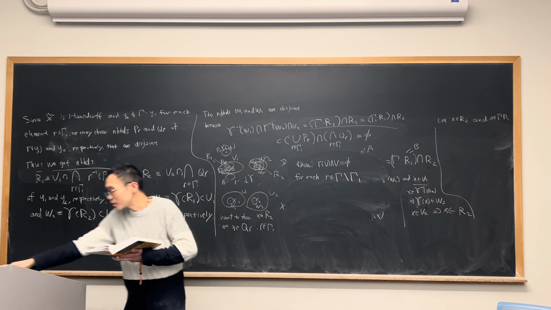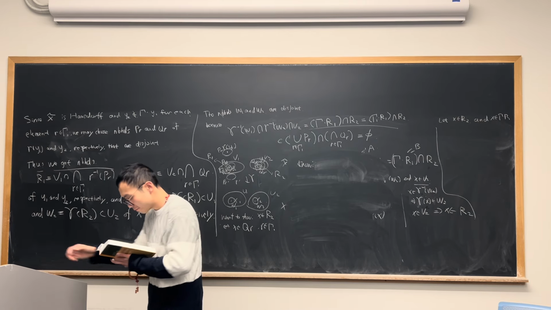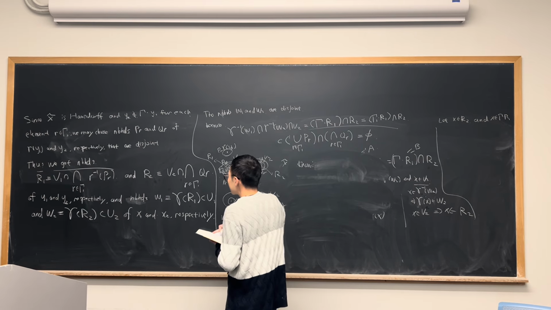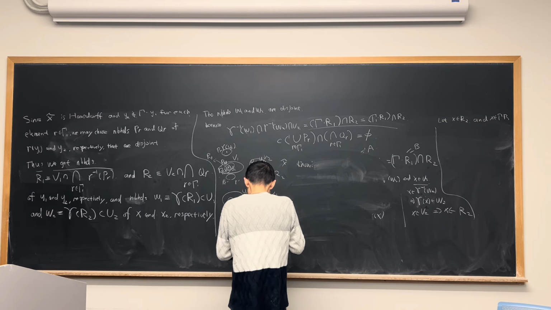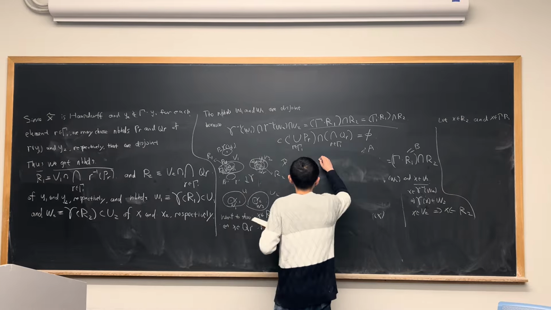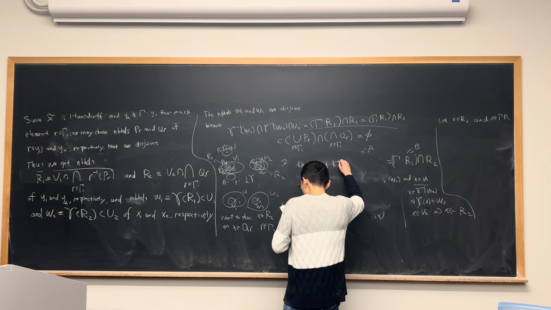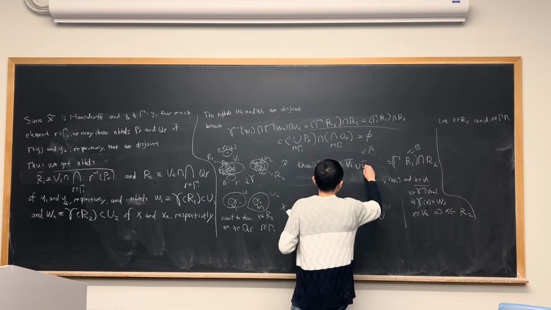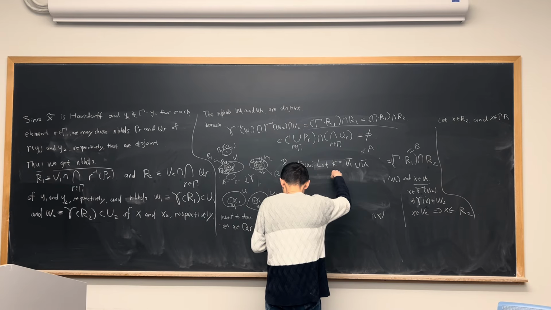okay, we know that. Remember we defined these gamma. So let K be the set V1 closure union V2 closure. So this is a compact set.